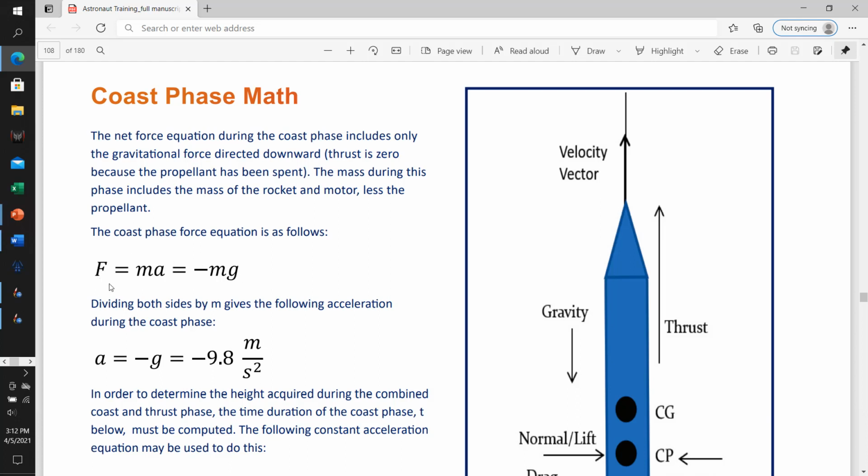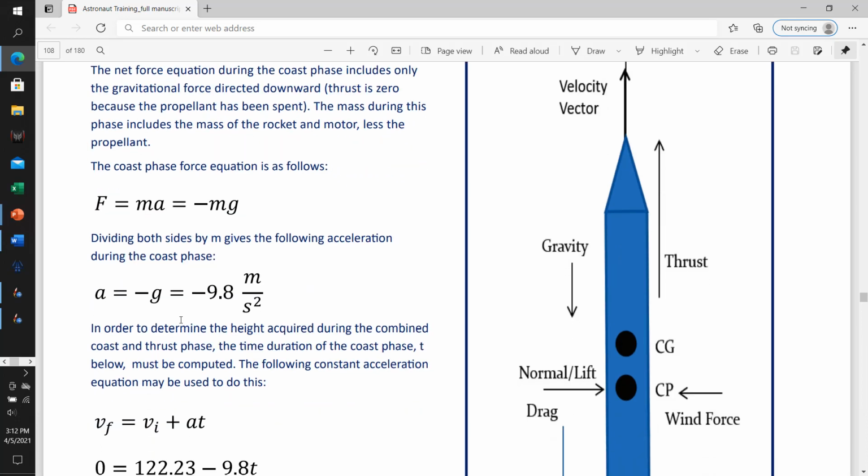Okay, so the net force on the rocket at such point is just mg, minus because gravity is down. Okay, so if we divide both sides by mass, we get an acceleration of the rocket of minus 9.8 meters per second squared. Now realize the velocity of the rocket is upwards, right? It was moving at 122 meters per second after the thrust phase. So even though it's accelerating down, the velocity is still up, still moving up.